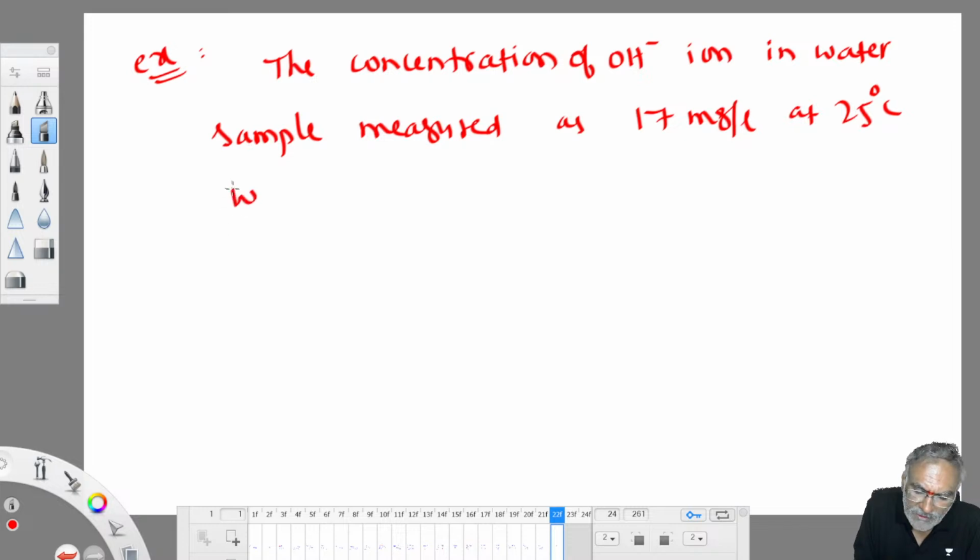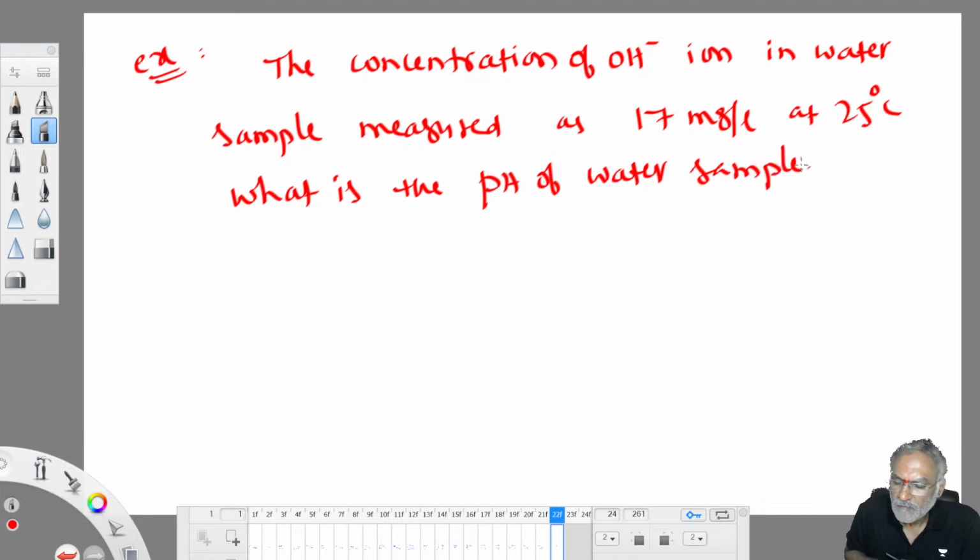What is the pH of the water sample? Come on, work it out. It is only conversion, that's all.